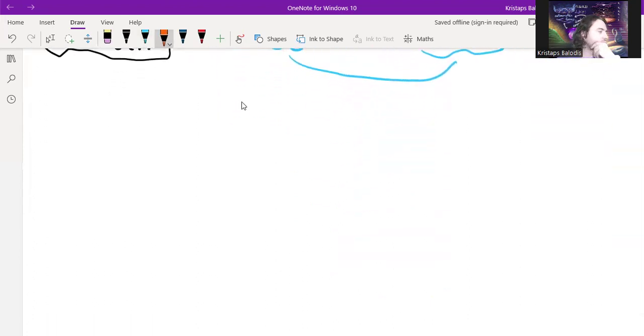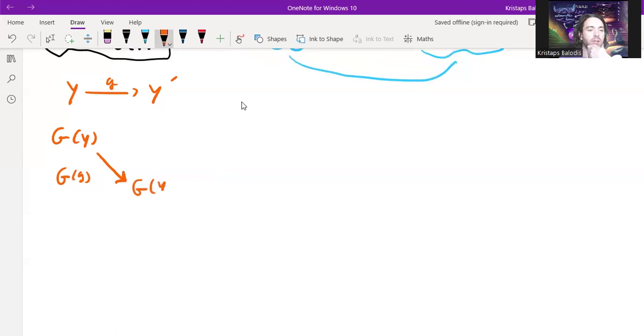Let's get into it. So I have some notes here, of course, because I got myself very confused about all of these diagrams. So we start off, right? We've got our choice of g, which goes from y to y'. I can apply my functor G, and that gives me a map here, right?